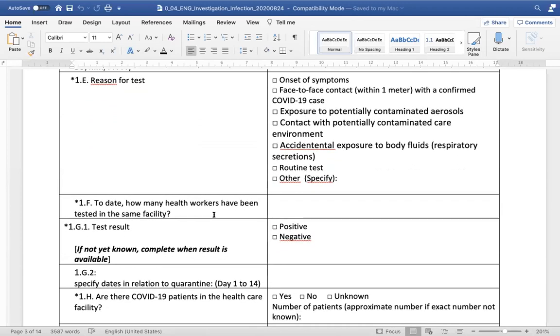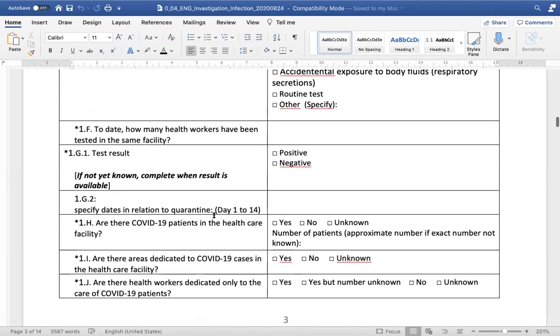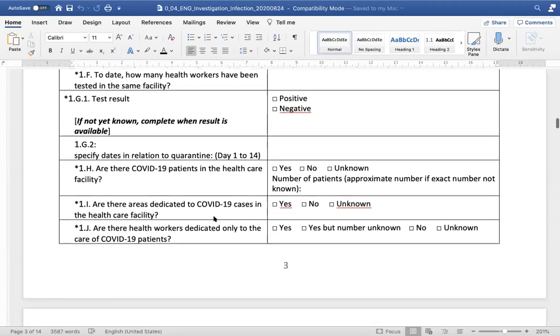And then 1F is to date how many healthcare workers have been tested in the same facility. If you have the data, you indicate it there, and then the test results, whether they were positive or negative. Can we move down?